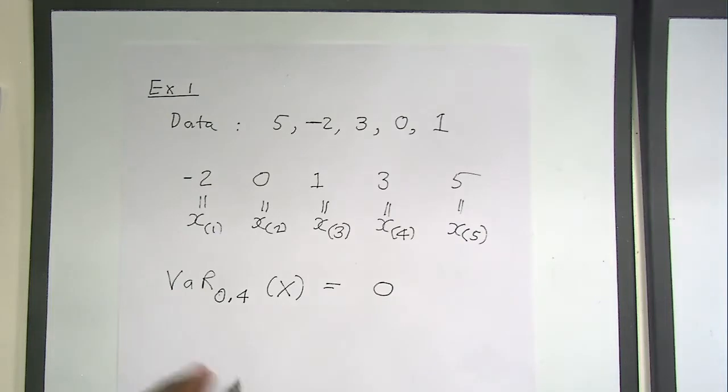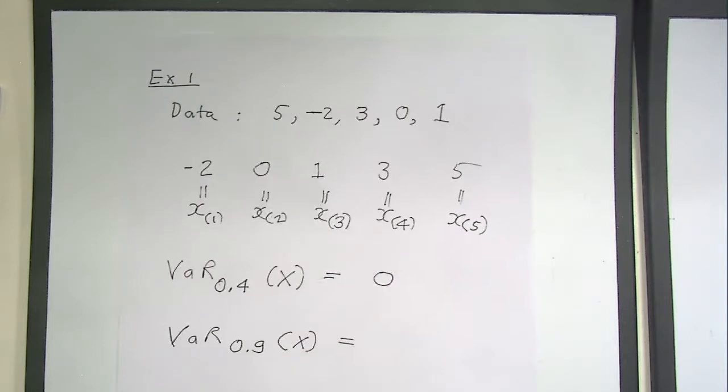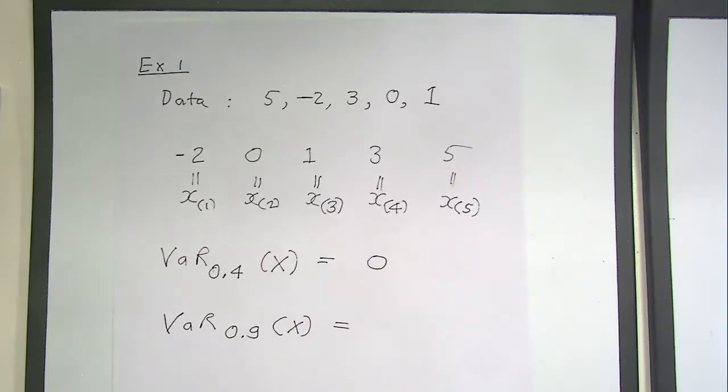All right. Let's do another example. VaR at 0.9. What do you think this would be? Because if i is 5, then we have 4 divided by 5, which is 0.8, and this is 1.